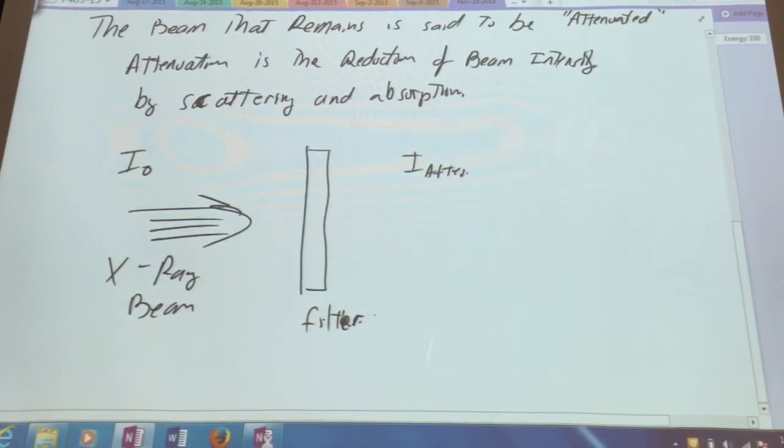So we have the initial intensity of the beam and the intensity after the filter. What can you say about the intensity after the filter? You will have a higher average energy, but lower intensity, because there are fewer photons in the beam. So lower intensity but higher average energy.